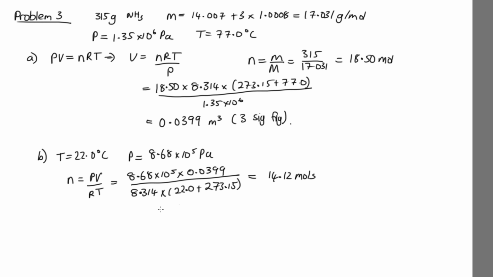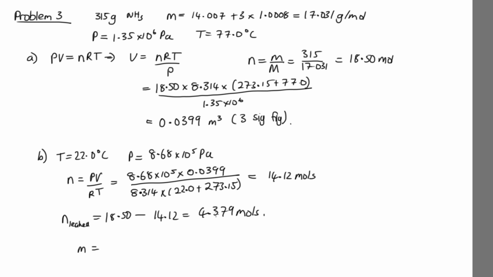So the moles that leaked out, so n leaked, is going to be 18.50, my initial number of moles, minus my final number of moles. And so that is around about 4.379 moles. We were asked for the mass in grams.